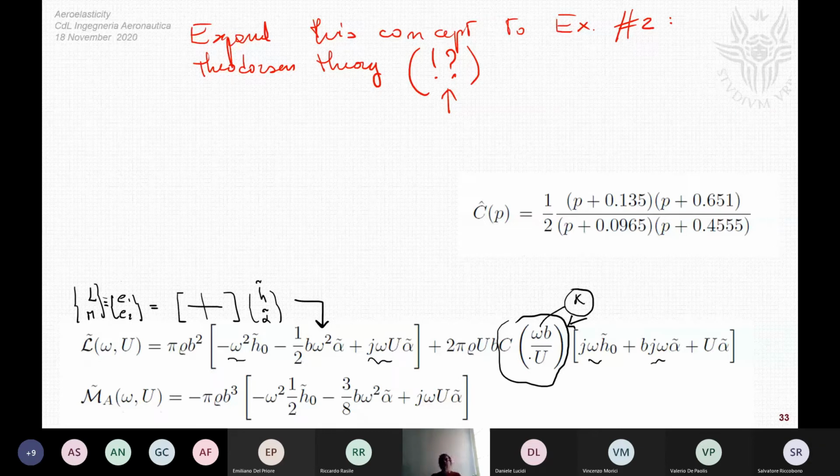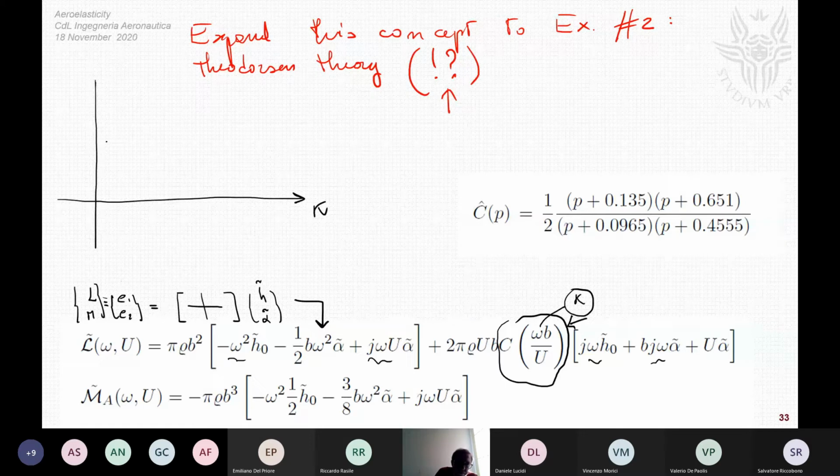Question: is it possible to approximate this function of k by an interpolating structure? Same question as before. If you plot the Theodorsen function as a function of k, you have a real and imaginary part.